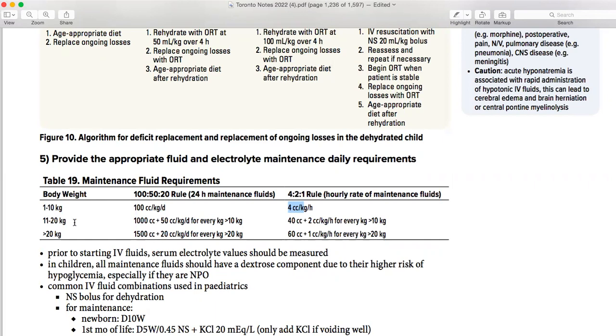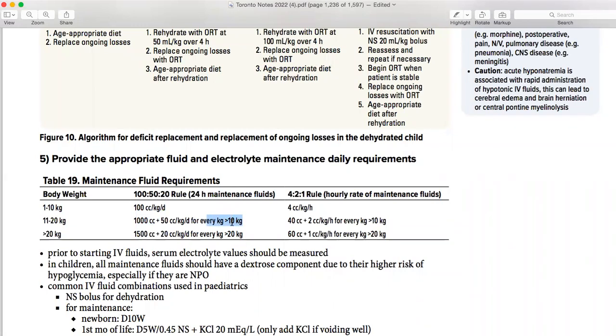So don't just think this is 4-2-1 and I have to remember 4-2-1. The 4 is going to add into the next 2, and then the 2 is going to add into the next 1, along with it. So this is the starting, then you have to add this one to this one, then this one to this one. I hope that makes a little sense. So this is 100, then you add 1000 along with 50 for every kg more than 10 kg.